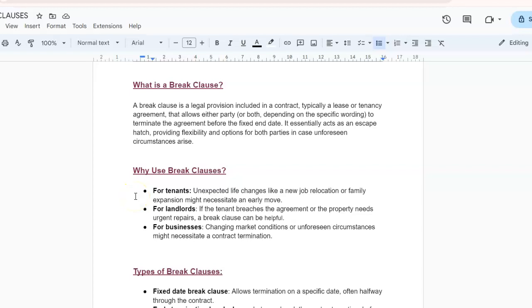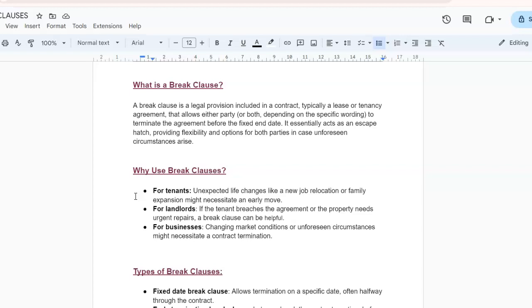A new job offer in another city, a family emergency requiring relocation, or even a change in business needs can all make an early exit from a lease necessary.